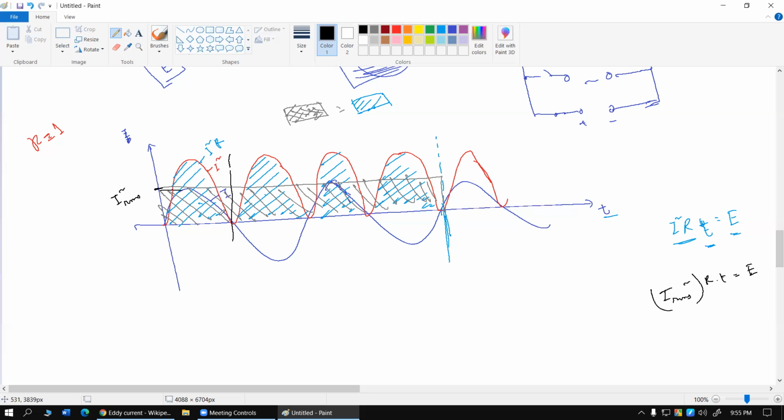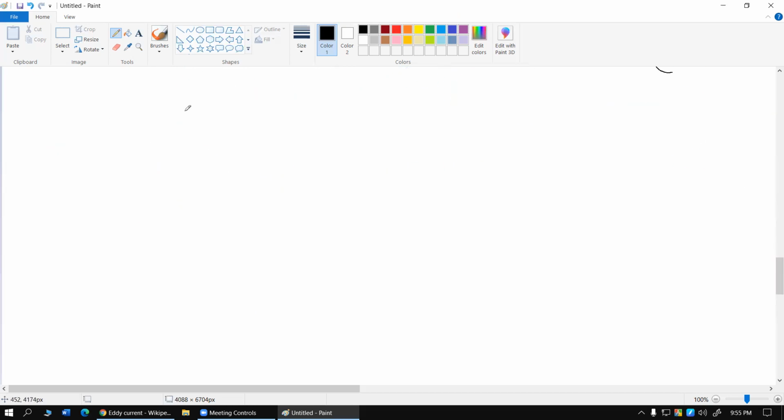For our syllabus, what we are introduced to is that for a certain AC supply, we have the max value and the RMS value. If I draw another graph, V versus T, for an AC supply, this is what we define as the Vmax.